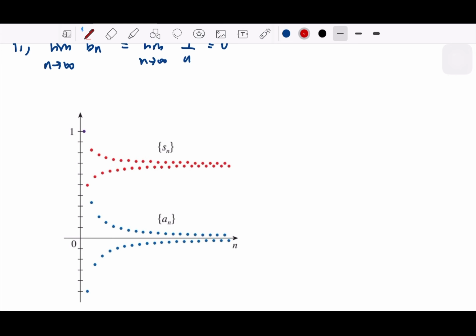And the partial sum is getting to have some value here. We check from 1, and then n equal 2, 3, 4, and so on. This is how the visual looks.